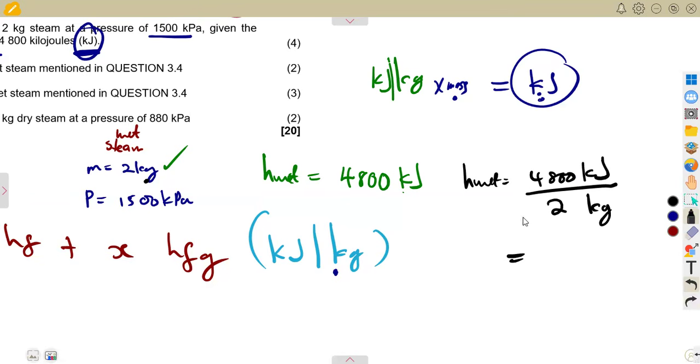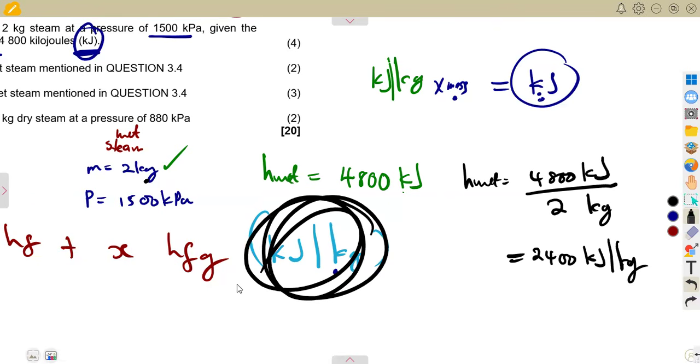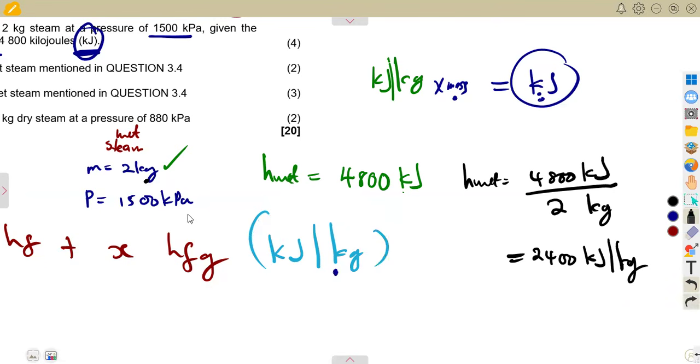So that is the way, that is the case there. The moment we have this, we are now having 2,400. So this will be 2,400 kilojoules per kilogram, which is the exact unit of measurement of our H weight, the enthalpy of wet steam.